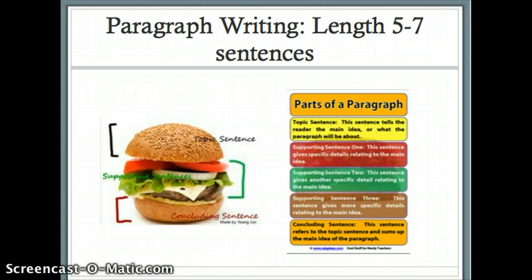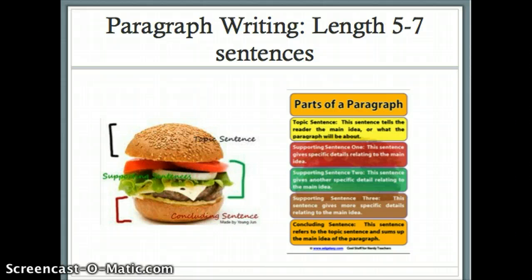And then everything between the two buns are your supporting ideas. This is where you're proving your points, offering examples or textual evidence through quotations. And then you have a concluding sentence, and you might also add a transition to your next paragraph, or I like a concluding sentence that wraps things up a little bit and reiterates the main idea of that paragraph.